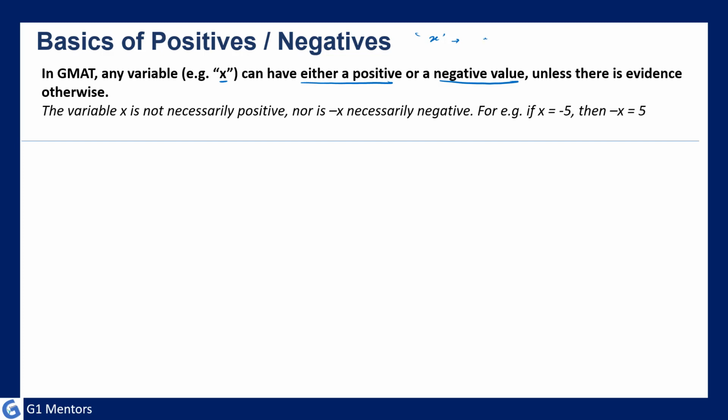And if minus x is given, it need not mean that it is negative only. For example, if x is equal to minus 5, minus x is equal to 5. So if in the question statement minus x is given, it does not mean that it is only a negative number. You need to take care of that. GMAT may trap you in these kind of questions.